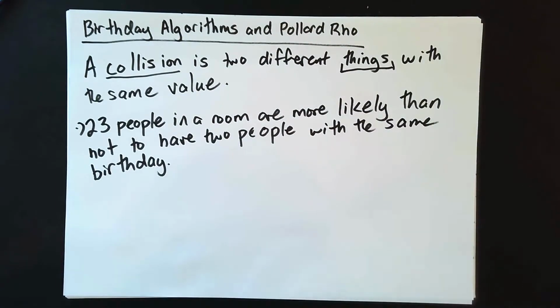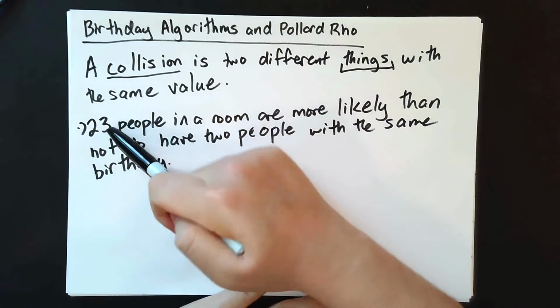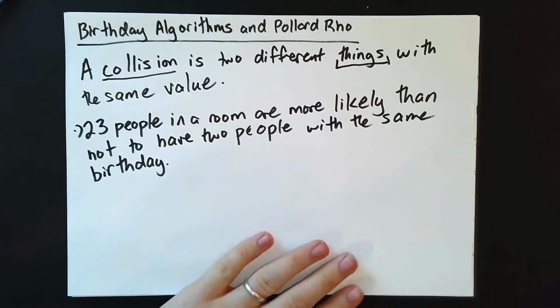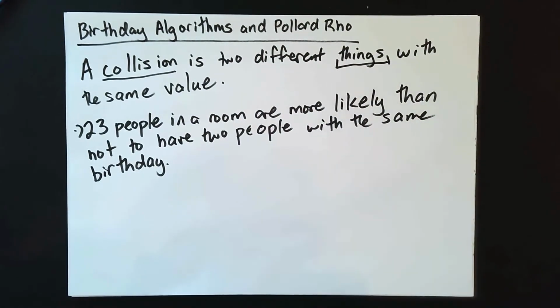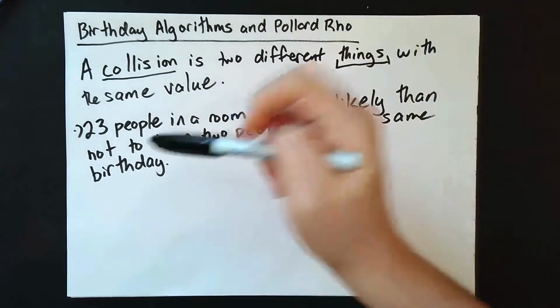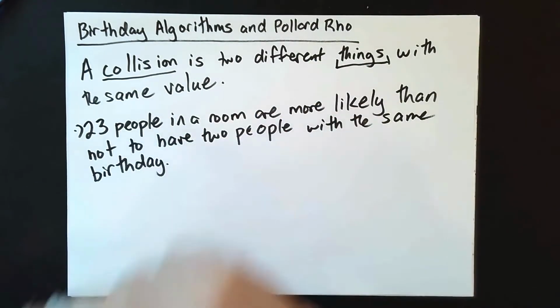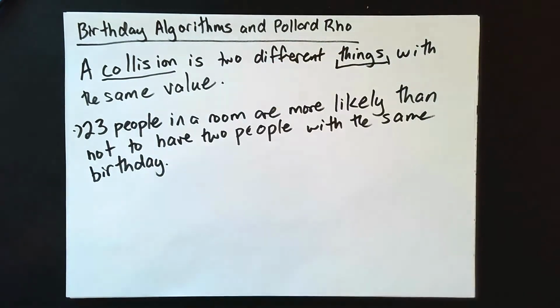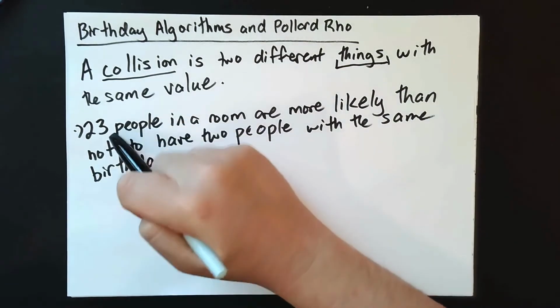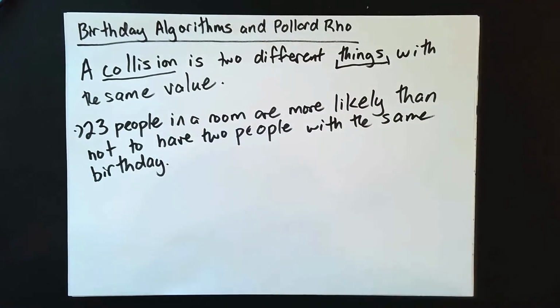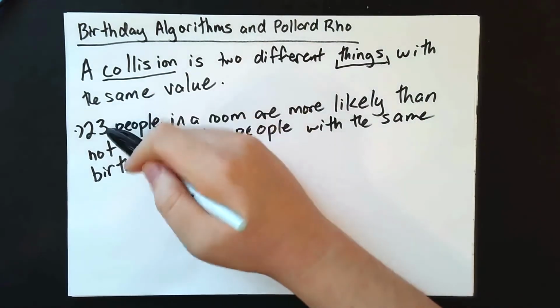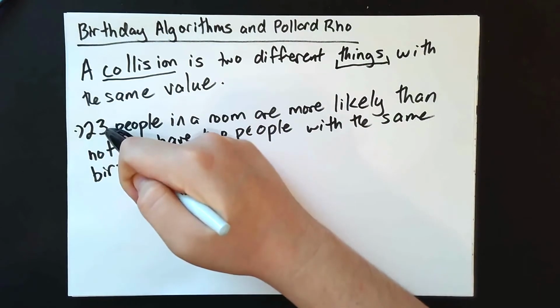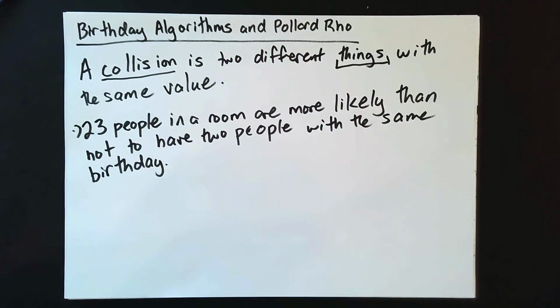Now, at first this seems weird, because 23 is way less than 365, and in fact, the reason ultimately why we're going to be able to base algorithms off of this is because, yes, 23 is way less than 365. And indeed, the key fact that underlies all of this is that you expect this break-even number, where you're sort of 50-50, to have two of the same thing, happens at somewhere on the order of the square root of the size of possibilities.